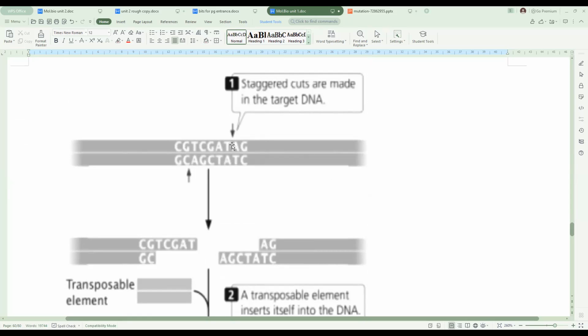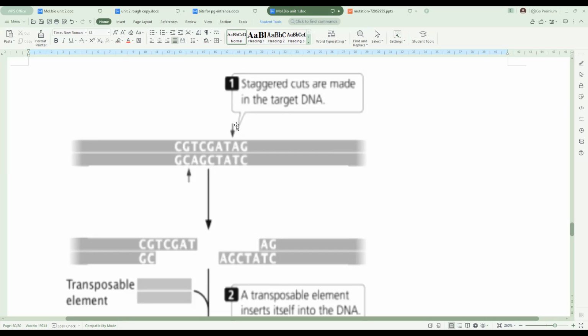One cut is at this site in this strand and the other cut at this site in this strand. See the sequence? It is the same, but in the opposite direction. These two are complementary strands, right? So one cut here and the other cut here. Understood?